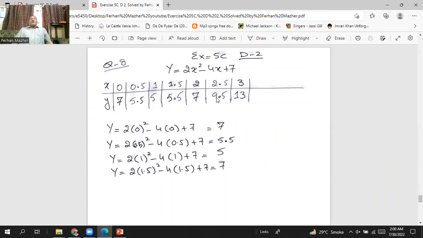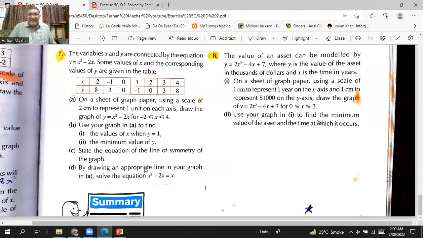So your x values are going from 0 to 3, and the minimum value of y is 5, and up to 13 it is going. So according to this, we will draw the grid, and let me see if they have given us the scale. Yeah, 1 centimeter represents 1 year on the x-axis, and 1 centimeter represents 1 on the y-axis, and 1 means $1,000.